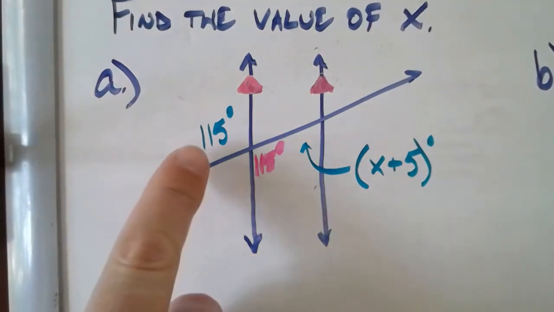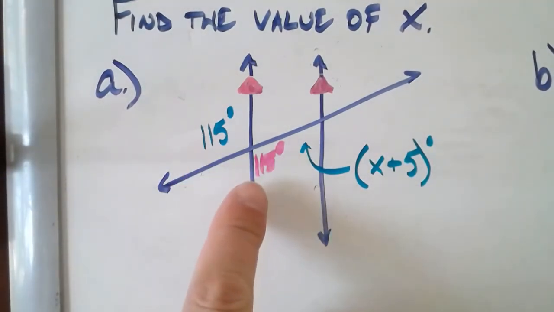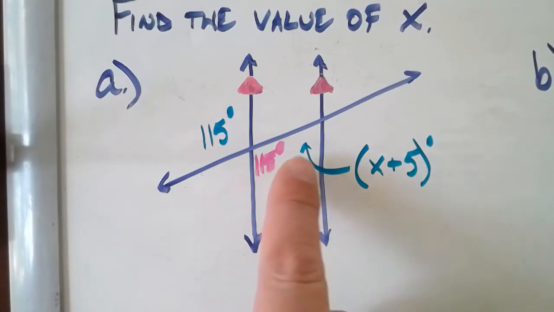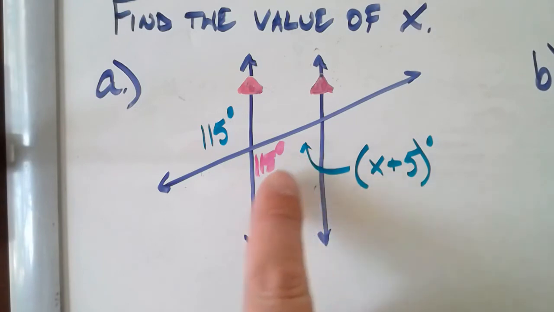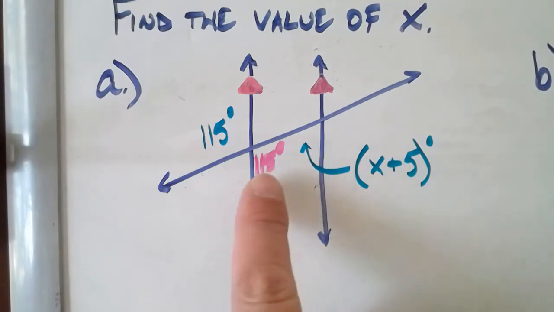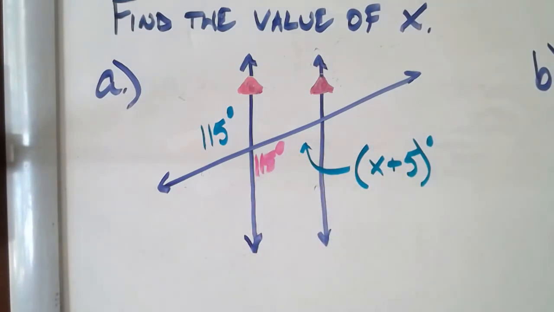So if that's 115, that must also be 115 degrees. Now I have two pieces right here that I can relate. Consecutive interior angles, same side inside angles. And the rule there is that these have to be supplements. They have to add to make 180 degrees.